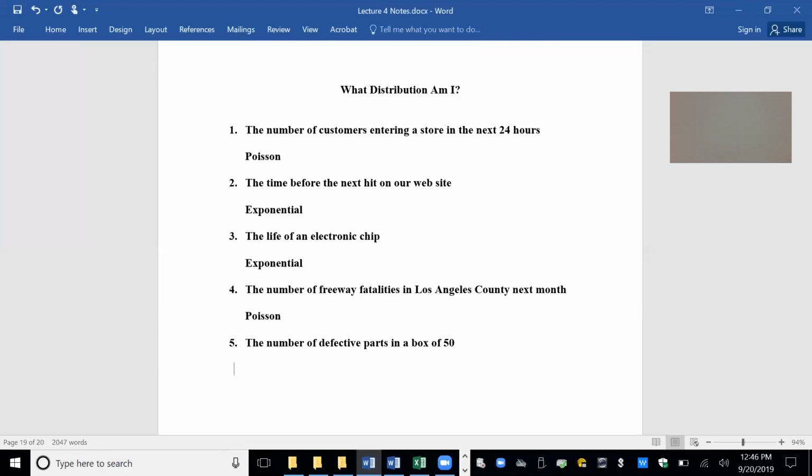Yes, it has an upper bound. Binomial. Oh, but I wasn't talking about binomial right then. I'm sorry. It's binomial. All right. So, this is practical stuff.